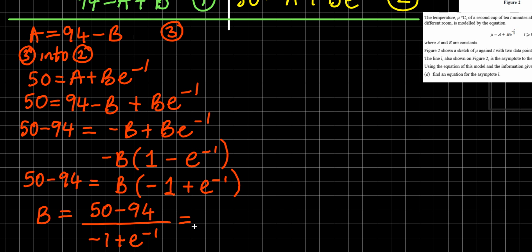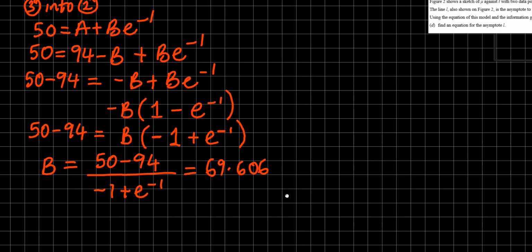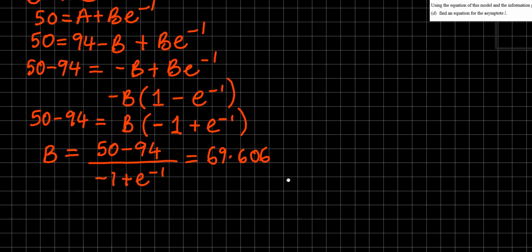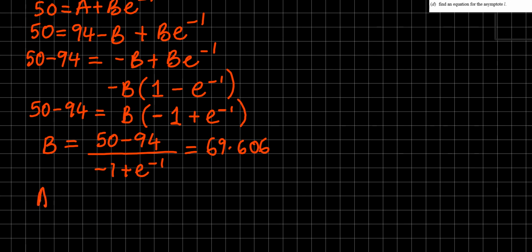So 50 minus 94 over negative 1 plus e to the minus 1 gives us 69.606. Now we still need to work out A, and remember A is 94 minus B, so A equals 94 minus B, and that will come to 24.4.